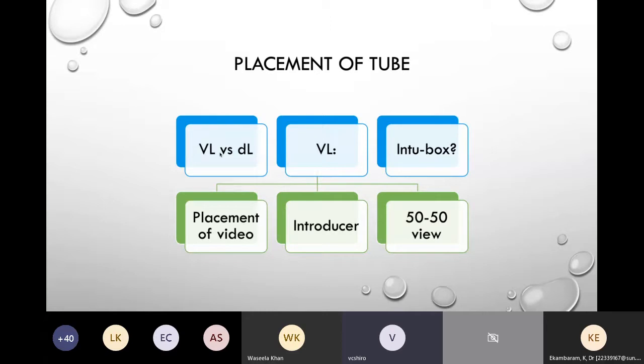So if at that point you relax your hand, make your view suboptimal, so you can only see the tip of the arytenoids and maybe the bottom bit of the cords, just sort of 50% of your view, and you can see your epiglottis blocking the top half of your view. Somehow that relaxation of your hand allows the angle to be less acute and the tube passes a little bit more easily.